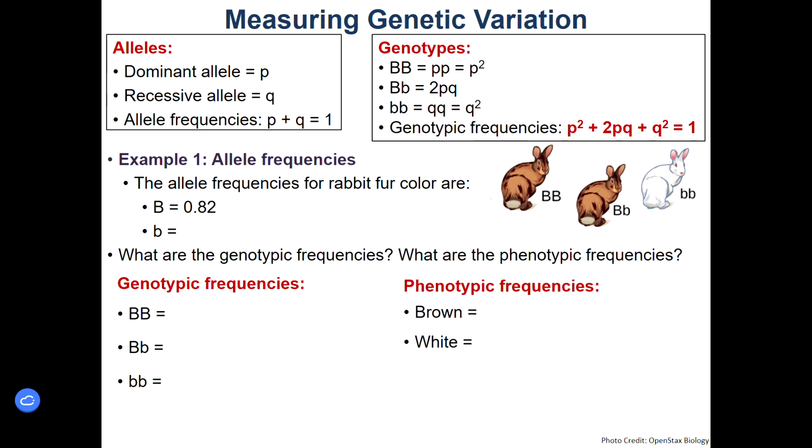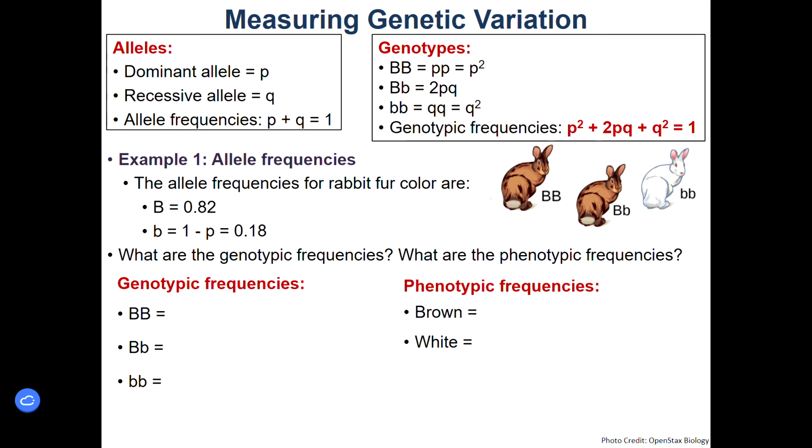So you have P here, 0.82. Yay, that was so hard, right there. So what is our allele frequency going to be for little b? How do we figure that out? Perfect. They need to equal 1. P plus Q needs to equal 1.